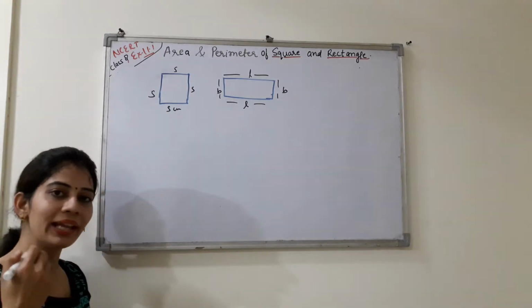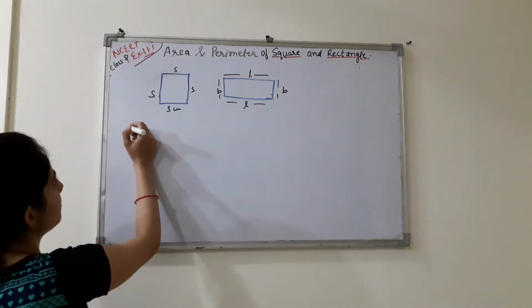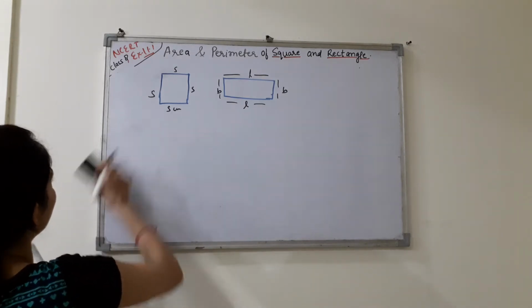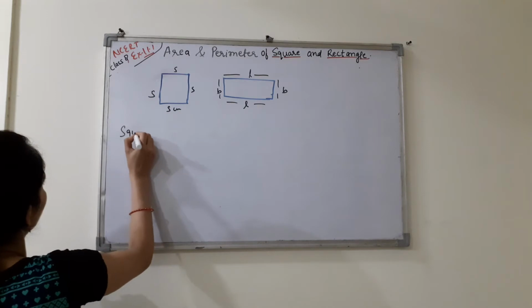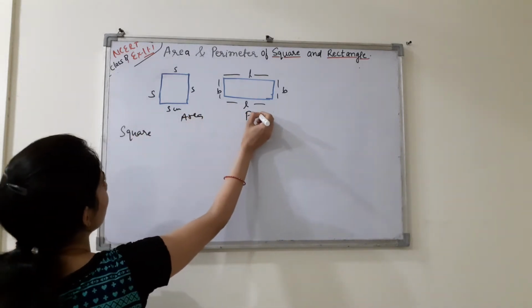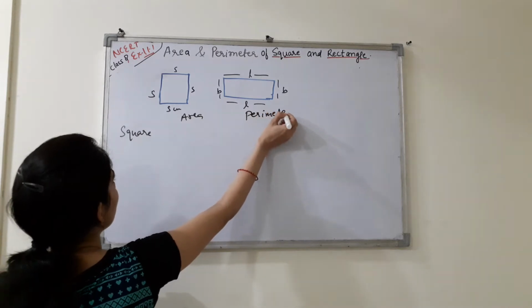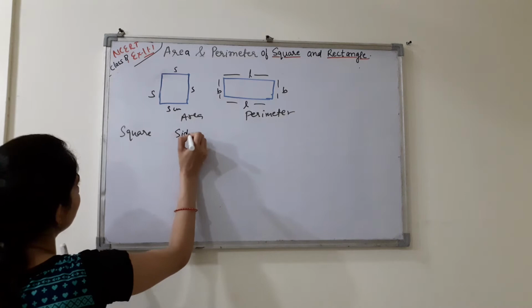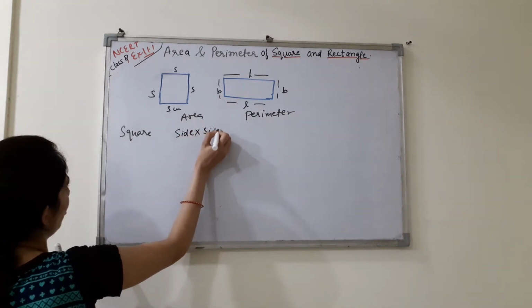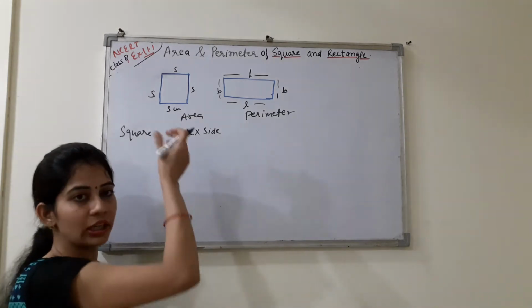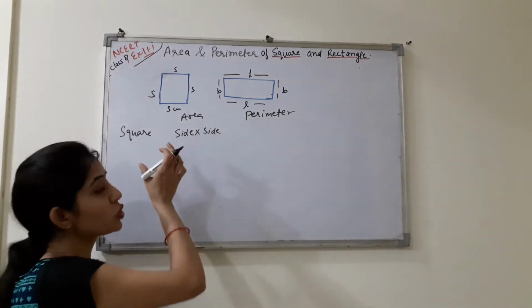So what will be the area and perimeter of a square and rectangle? So we can write, this is your square, area and perimeter, right? The area of a square will be side into side, or we can say side square, right? Area of square क्या होता है?